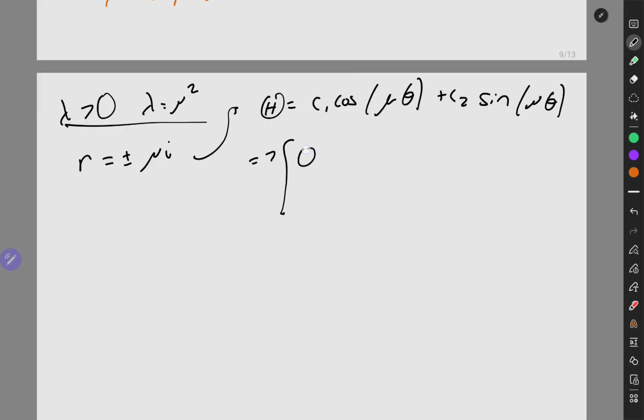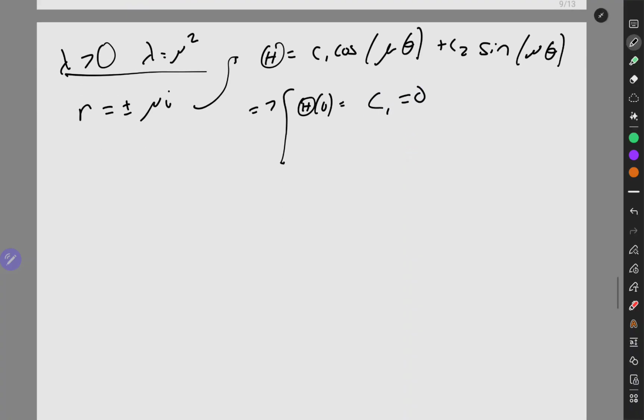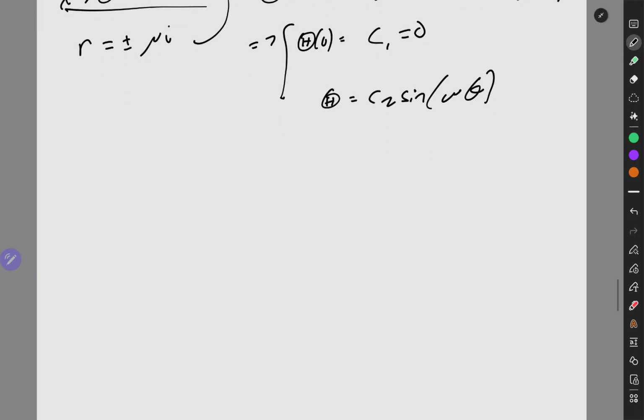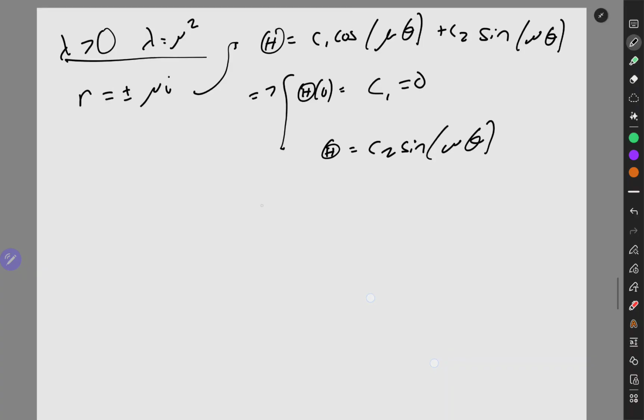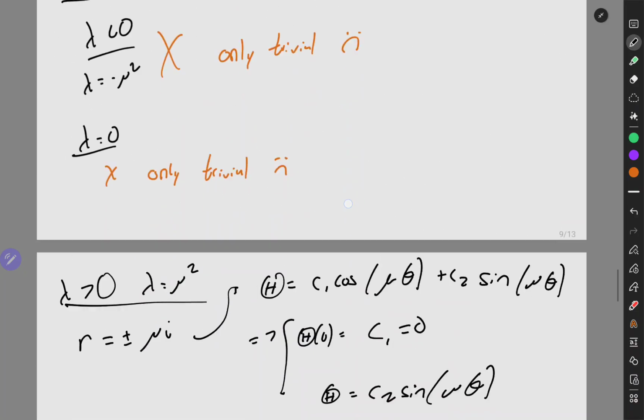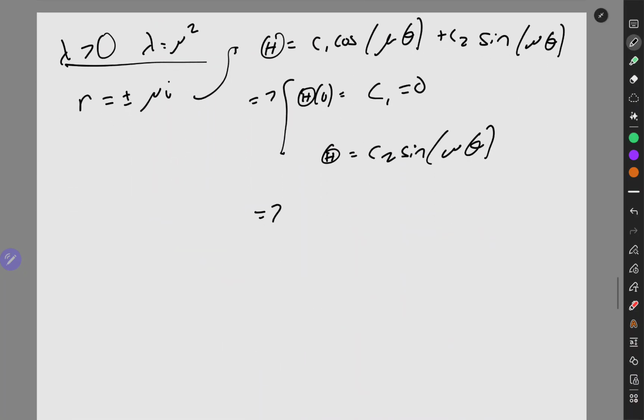Applying our first boundary condition, we get c1 is 0, right? So then we're left with theta equals c2 sine of mu theta, which is good, but then we have to do the second boundary condition, which was pi.